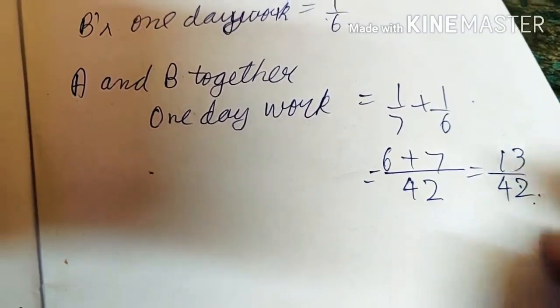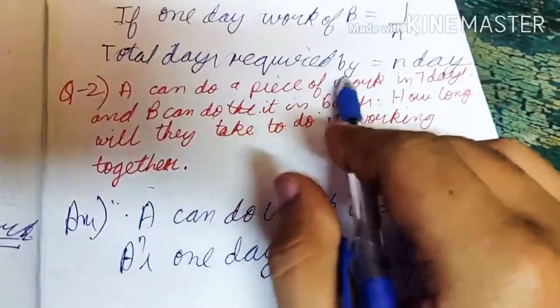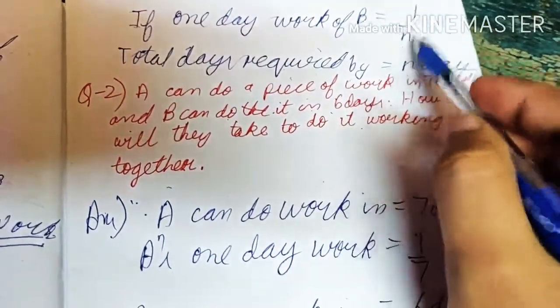Then as told before, if 1 day work is given, then the total number of days required will be equal to the reciprocal of 1 day work.